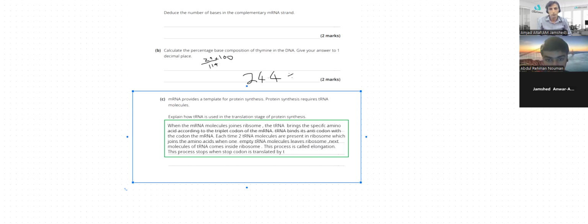The process stops when the stop codon is translated by transfer RNA.